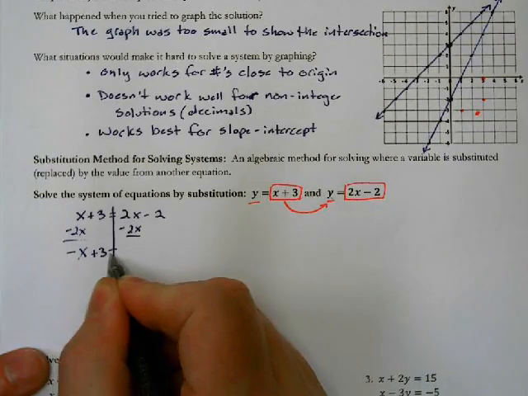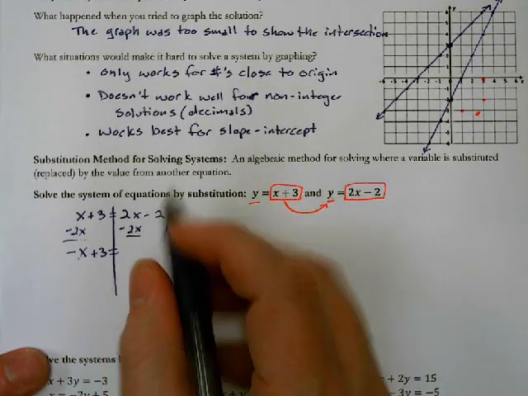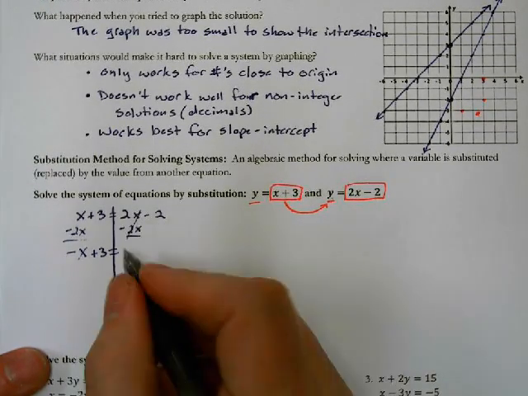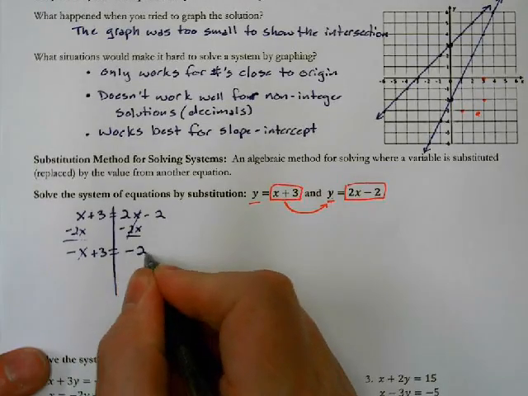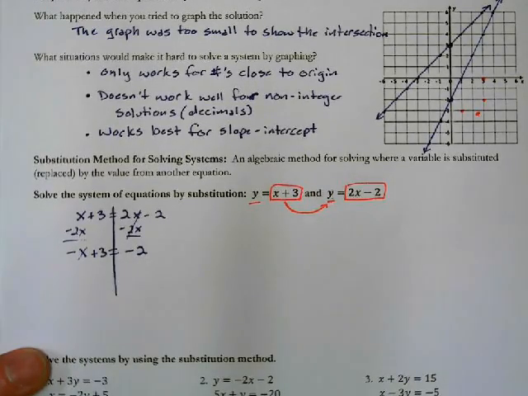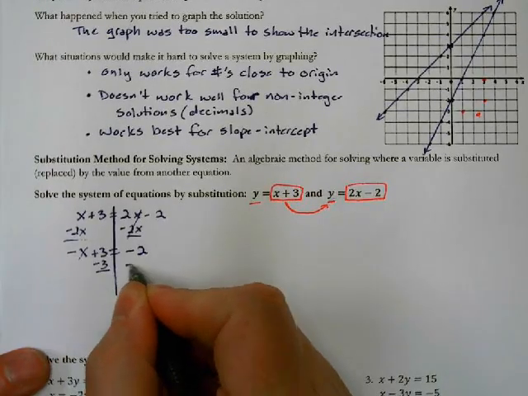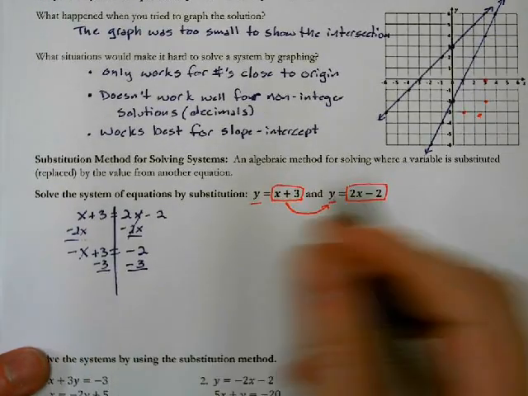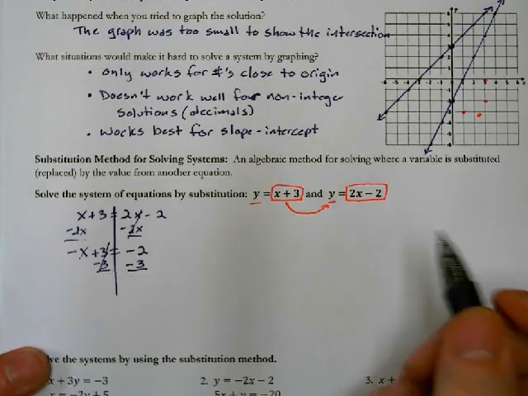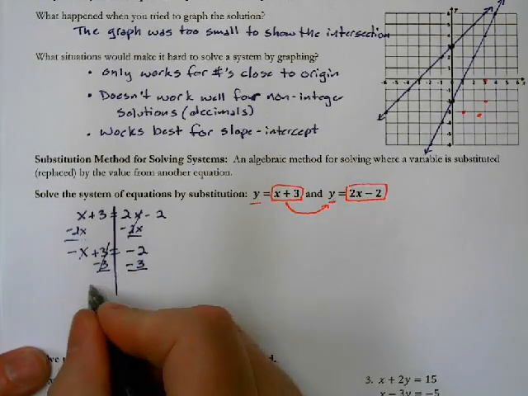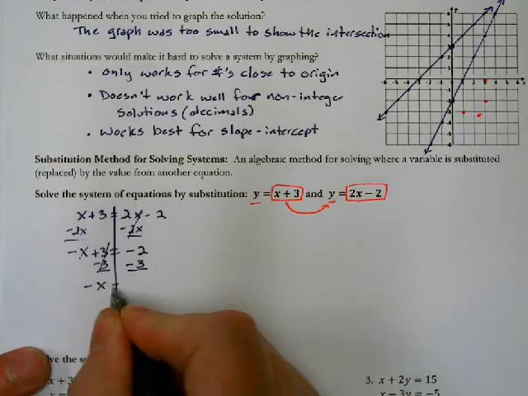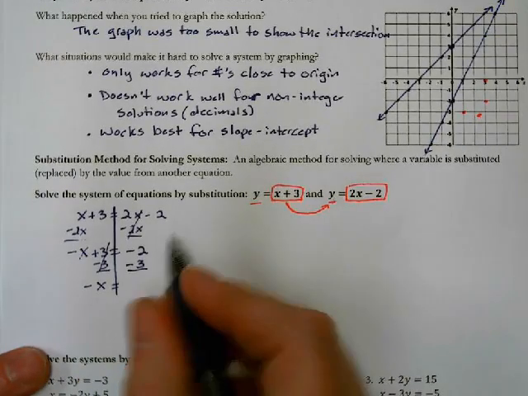Over here, 2x and negative 2x cancel each other out, and we're left with negative 2. Two more steps. Let's subtract 3 from both sides. We're doing our inverse operations. That cancels out the 3 there. Positive 3 and minus 3 is 0. On the other side, negative 2 minus 3 is negative 5.